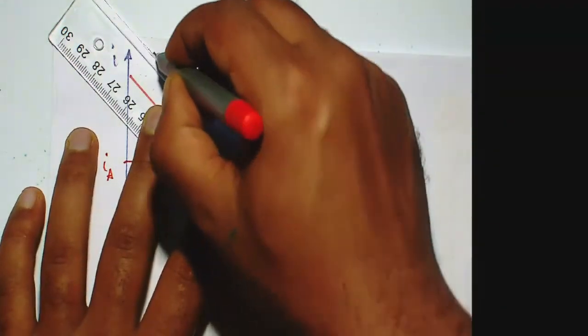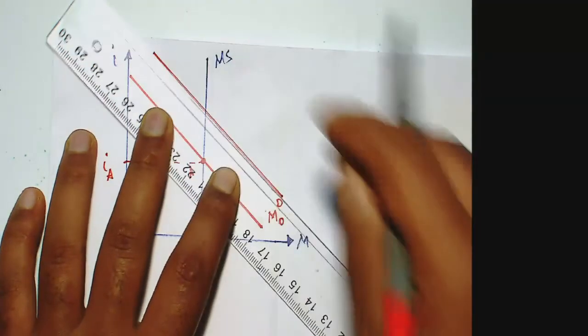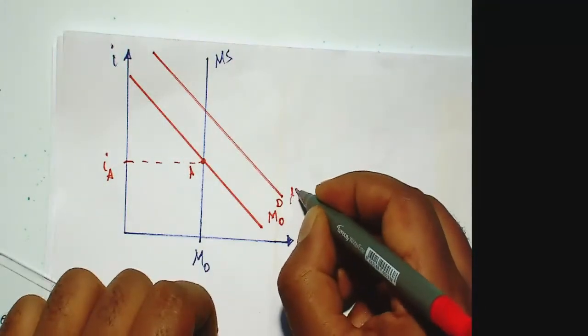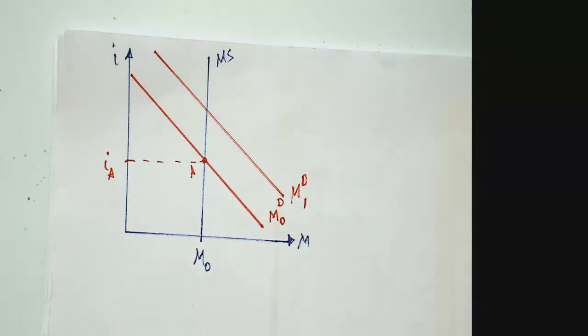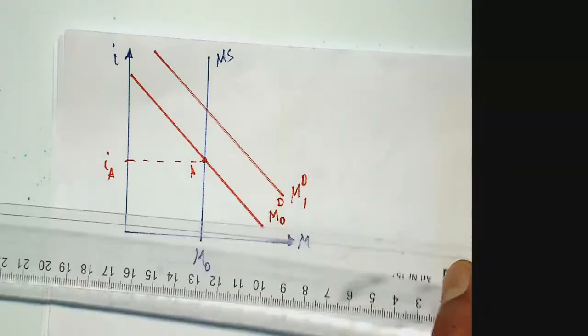So because of the increase in income, we have a new money demand curve, which should be represented by MD1 as a new money demand curve.